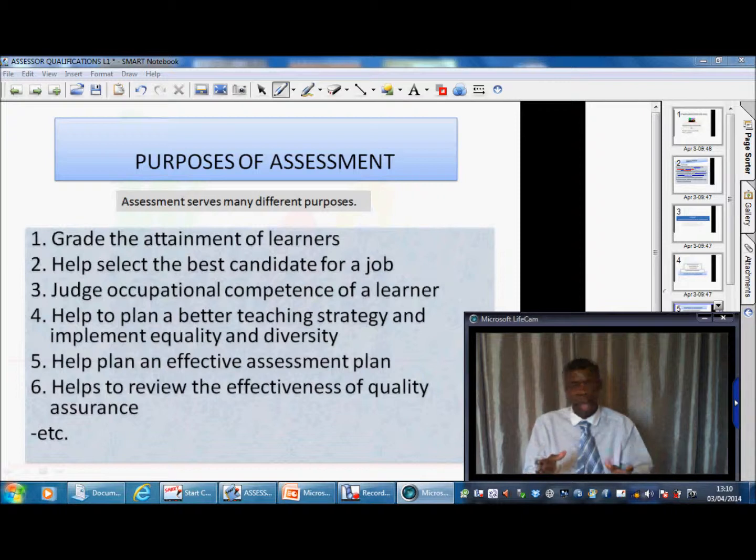You can do an imaginary one, because I want you to get the concepts, and refer to textbooks which I recommend. In the material that I gave you, there is further reading, and also online there are some materials that you can Google and look at the actual purposes of assessment. I will continue here.